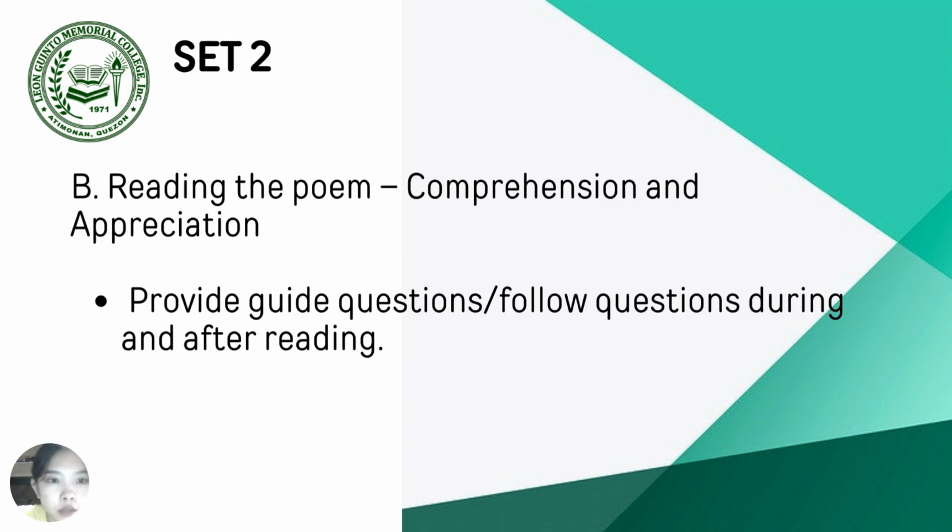And then reading the poem, comprehension and appreciation. Provide guide questions, follow-up questions during and after reading. So, for example, they read the first stanza first, and then you're going to analyze it together with them, to make sure that they understand the poem.